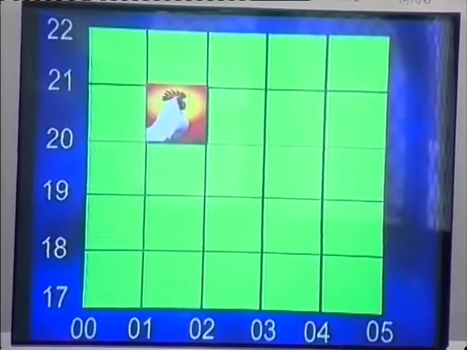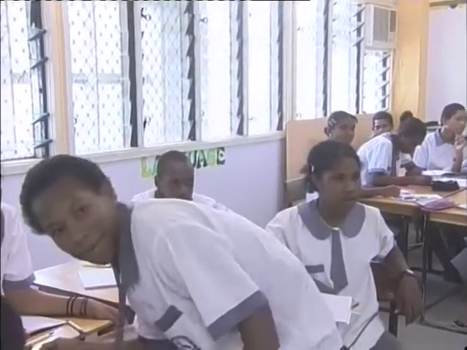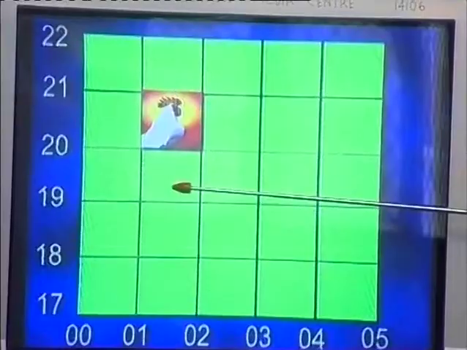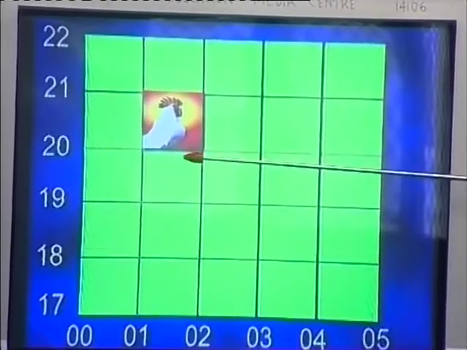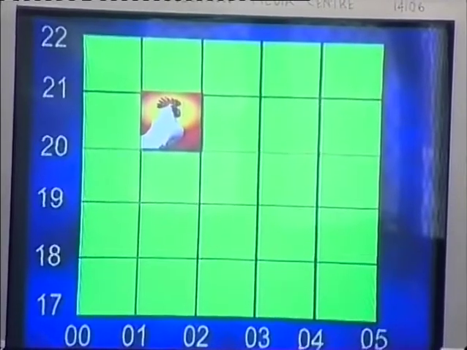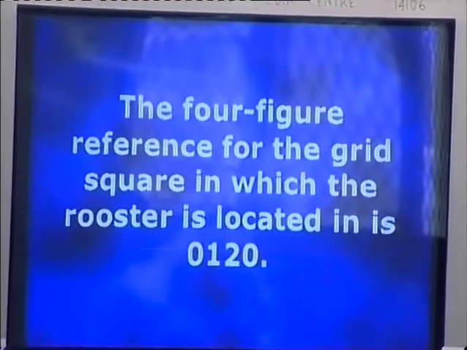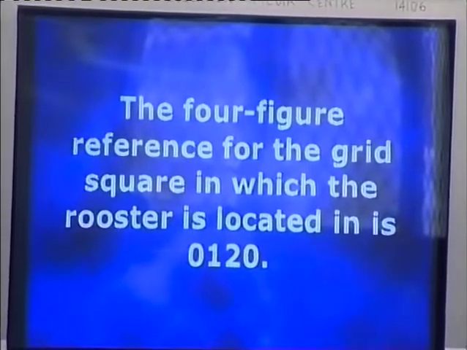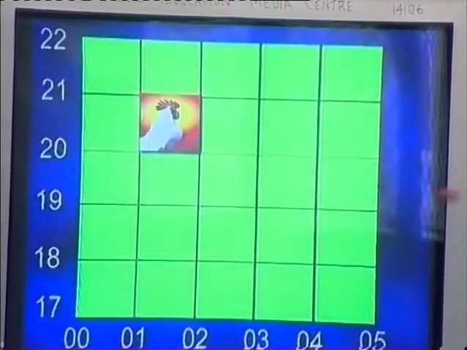Chrisima? 0120. All right, 8Cs, receiving students, the 4-figure reference for the grid square in which the rooster is located is 0120.